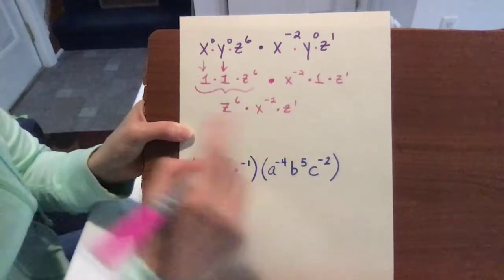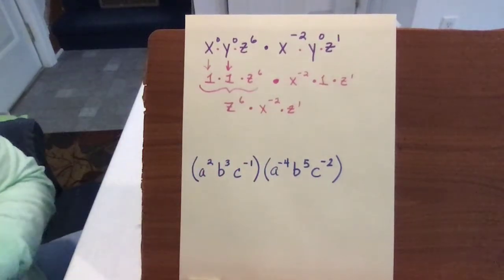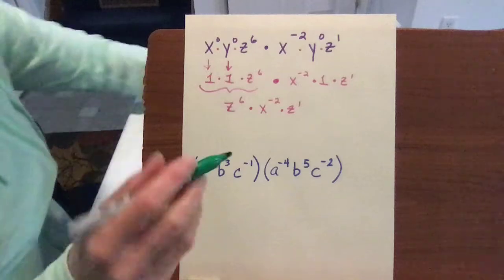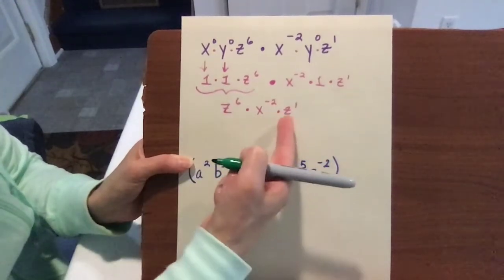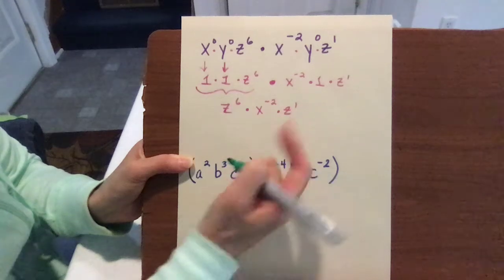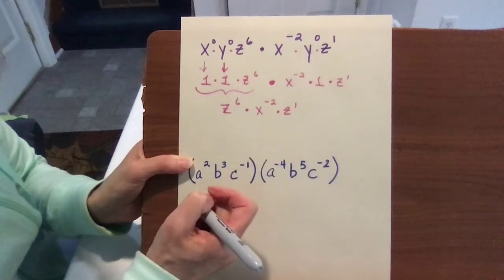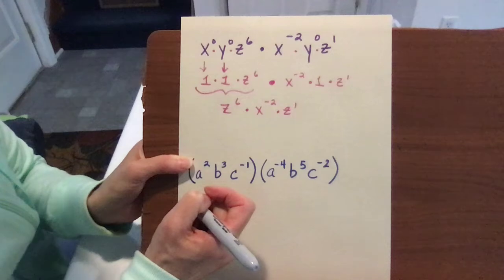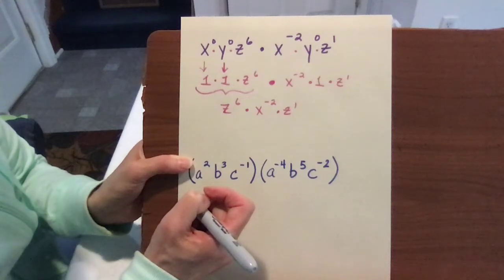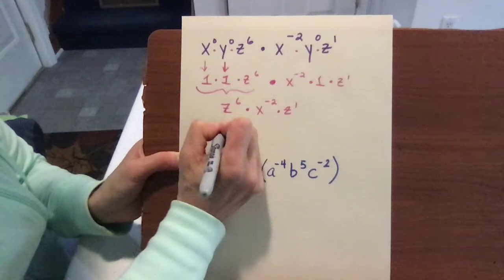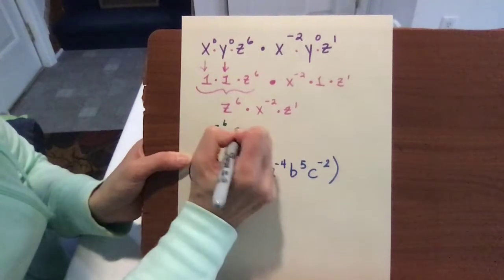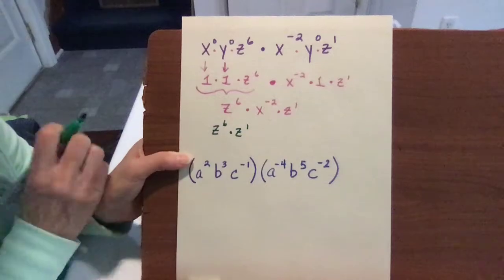Now you need to sweep through again and see if there are any like bases. What I usually do is, if I have like bases, I have a z to the 6th, and over here I have a z to the 1st. We remember that multiplication is commutative, which means we can multiply in any order and get the same answer. So I will put my z's together. So z to the 6th times z to the 1st. That way they're together.